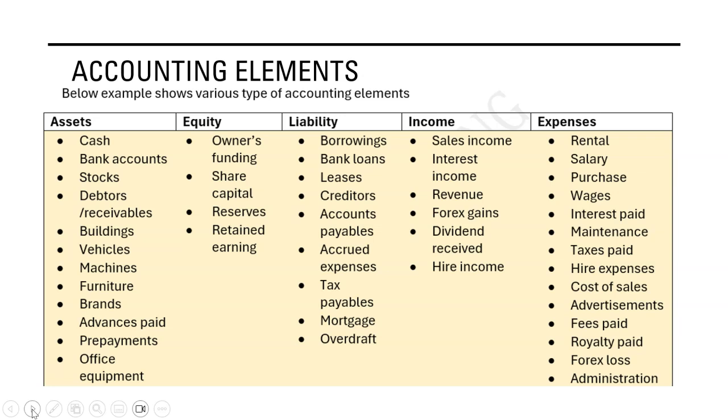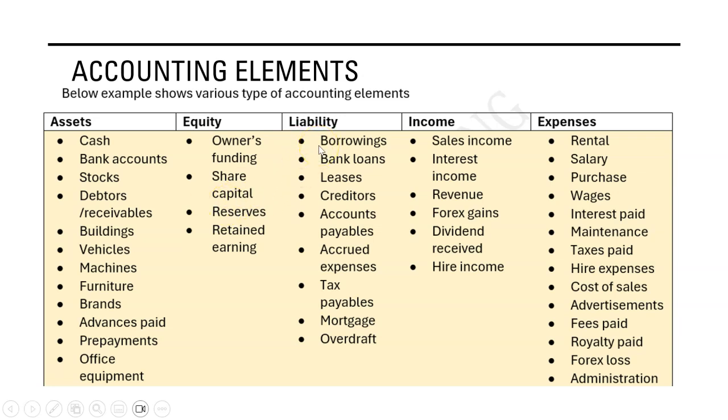Here are some examples of each accounting element. Under the asset, we have cash, bank account, trading stock, buildings, vehicles, machines, etc. Under the equity, we have share capital, reserves, retained earnings, and the owner's funding.